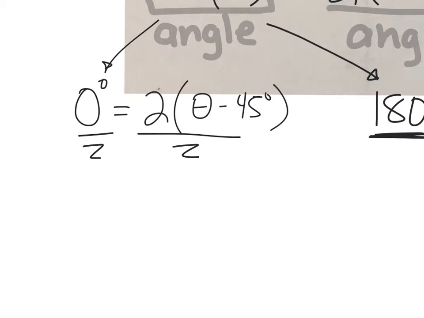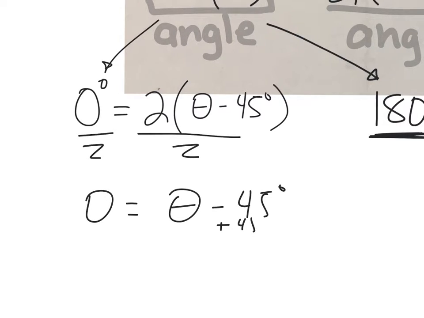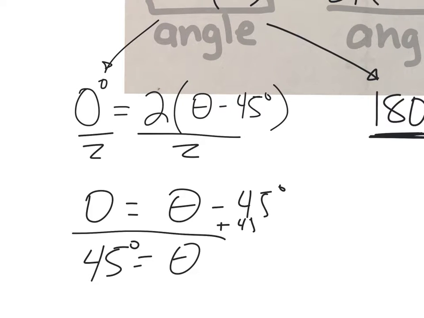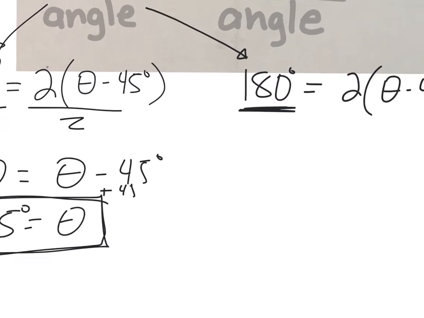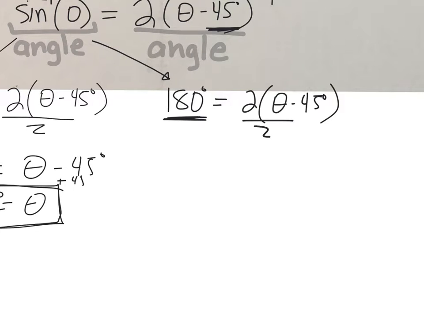Now we divide both sides by 2. 0 equals theta minus 45. And then adding 45 to both sides means we start with an angle of 45 degrees. And the other one over here, we divide by 2 still.